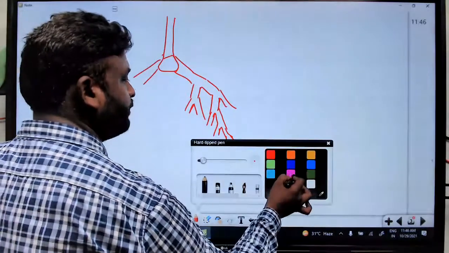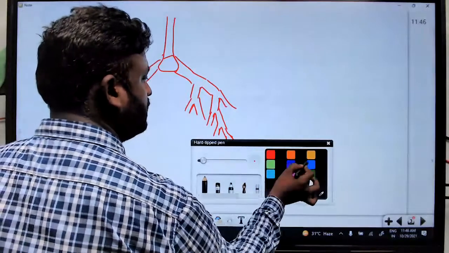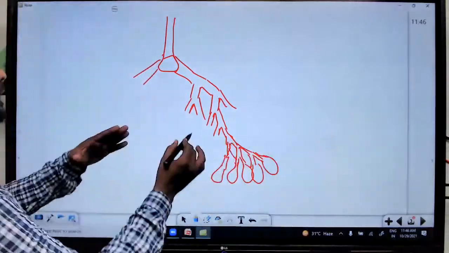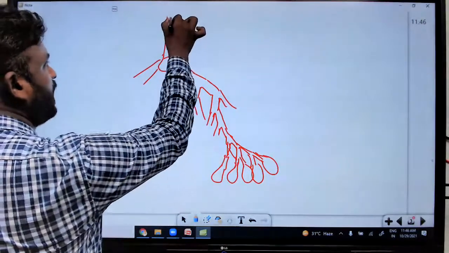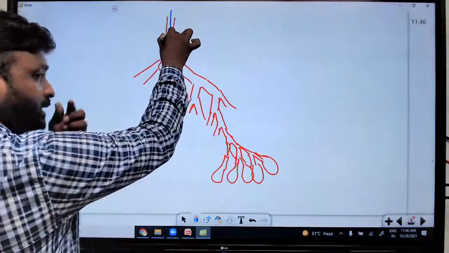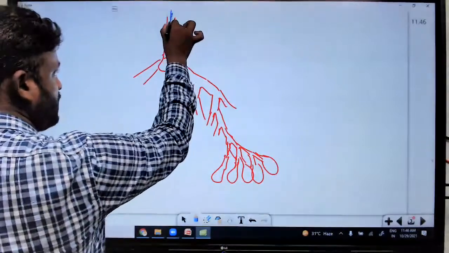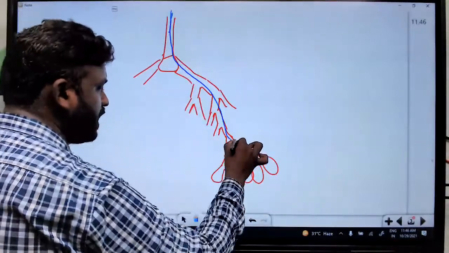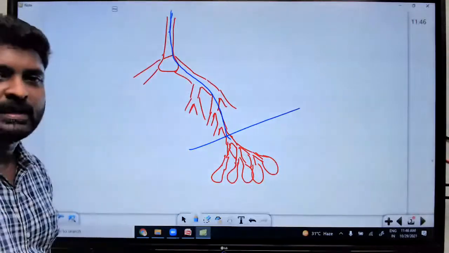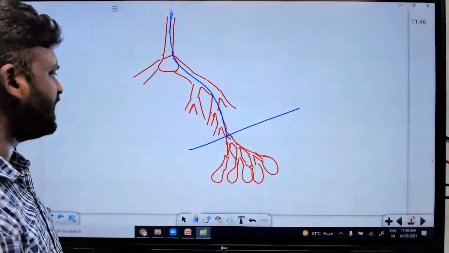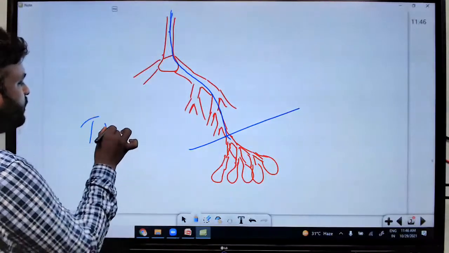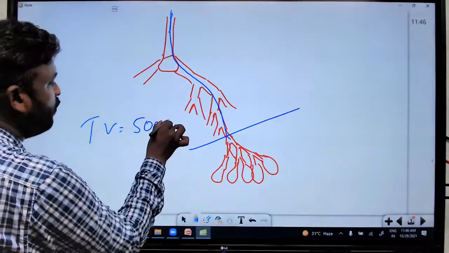Students, listen to me carefully. Just imagine the inhaled air going up to here. From the nasal chamber to almost here is the conducting part, and this is the exchanging respiratory zone. In normal tidal volume we get 500 ml.